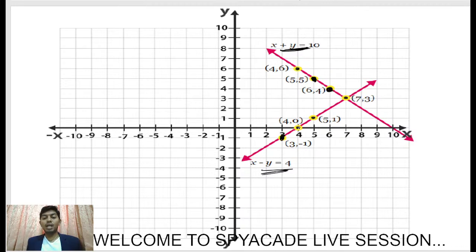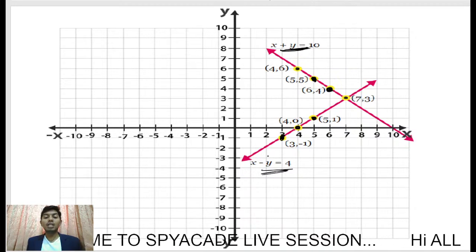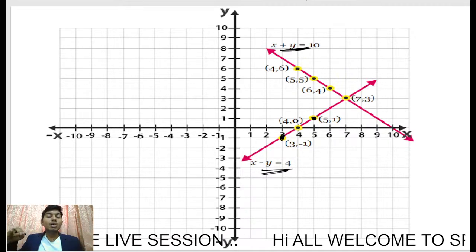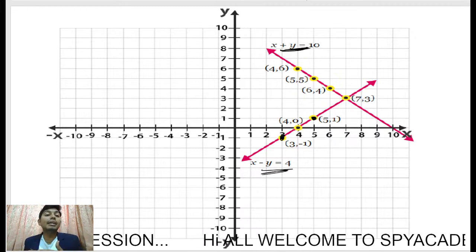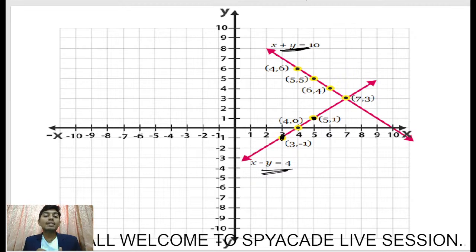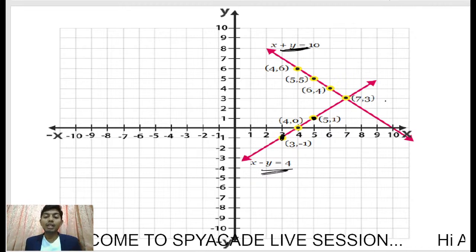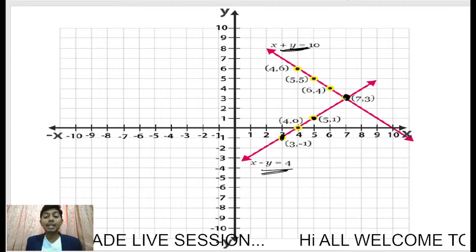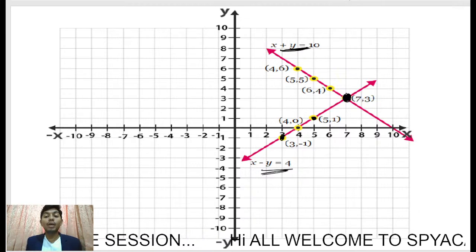Same way here, point 1, point 2 and point 3. So when you join, you have to just extend the line so that both the lines will intersect at a certain point. When you extend, both the lines will intersect at one point, and you have to find the value of this point.